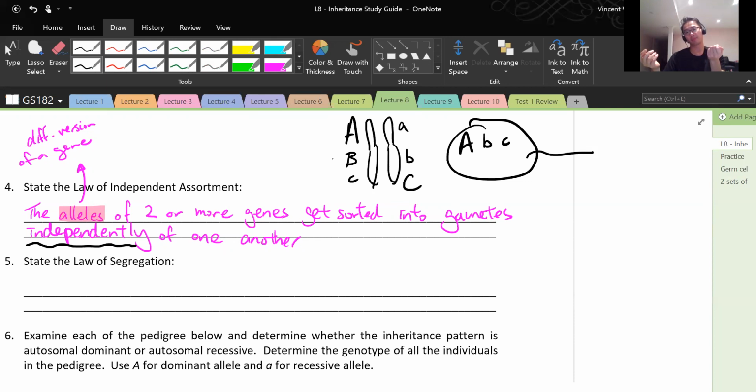What about the other coin? Also 50%. Whether you get heads or tails on the first one does not affect the probability of the second one. They are independent events. Same situation for each gene. Whether you get big A or small a, 50-50 chance, does not affect whether you get big B or small b. That's essentially what the law of independent assortment means.